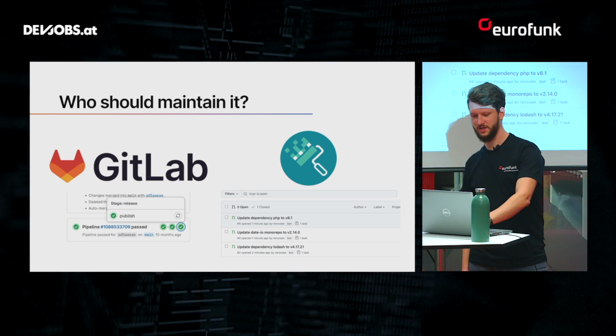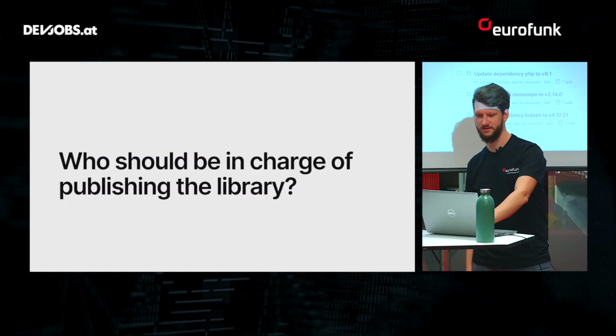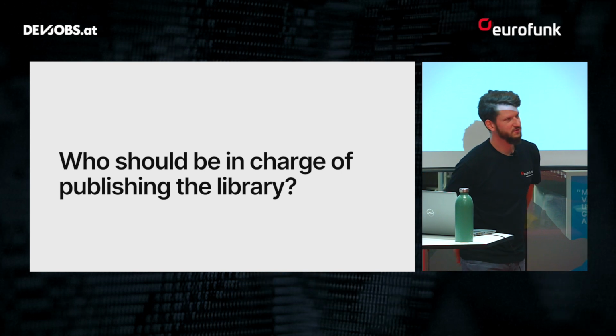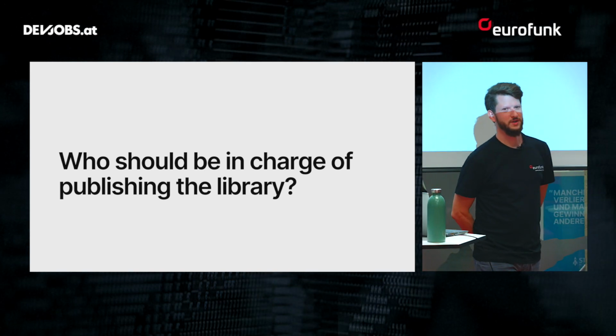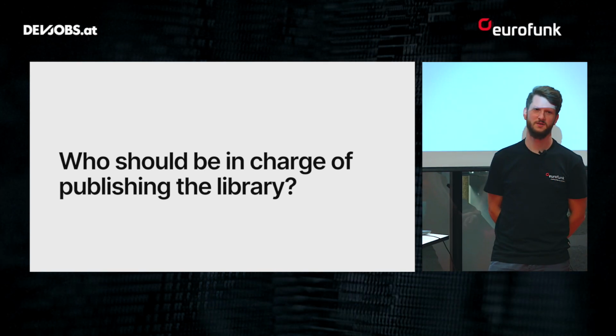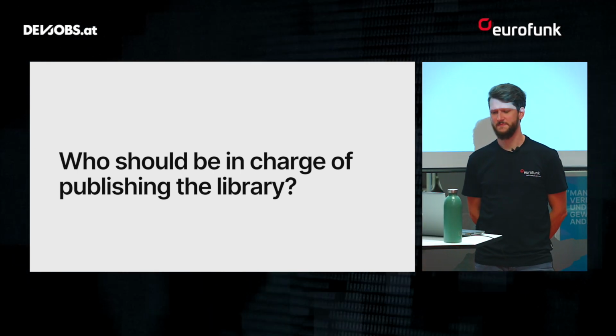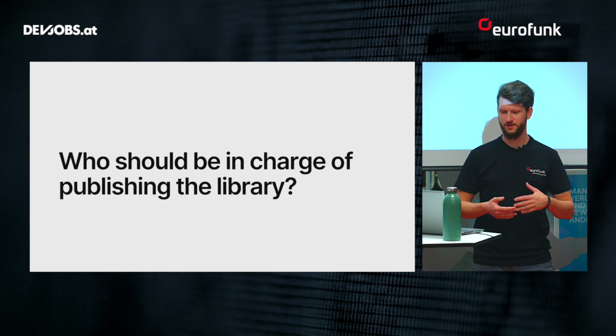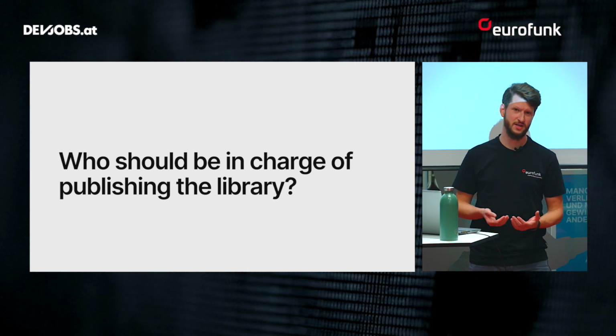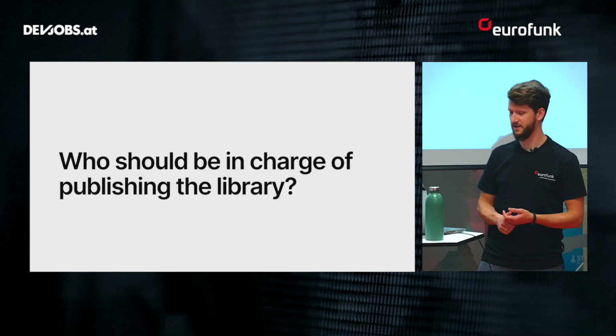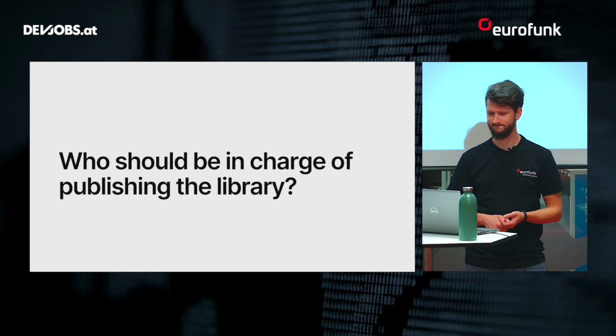Okay, with this question answered, what's next? Well, as we want to do a component library, we want to put it somewhere. And how do we put it? We want to publish it in our package registry. And who should do that?